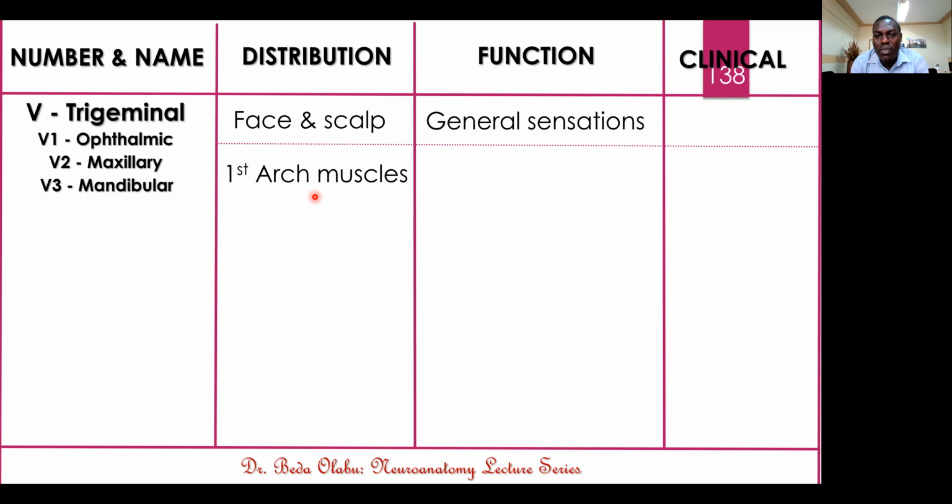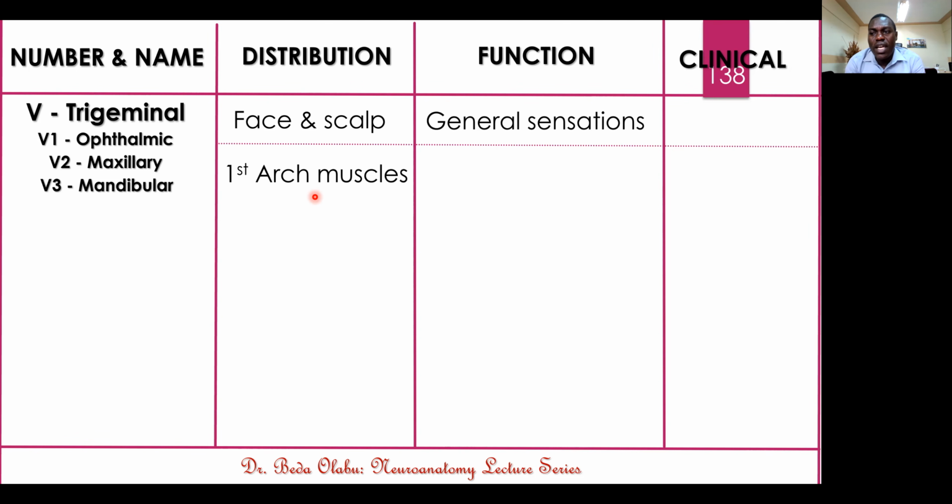But in terms of their naming, we don't have the 5th one. So we call them the first arch, second arch, third arch, fourth arch, and 6th arch. The 5th one was there, but it disappears in humans.